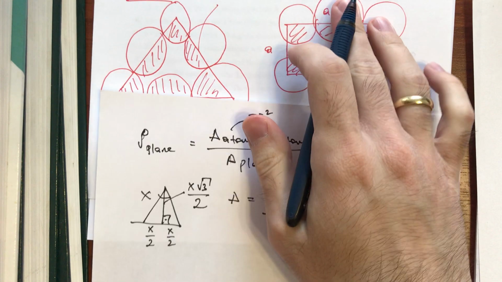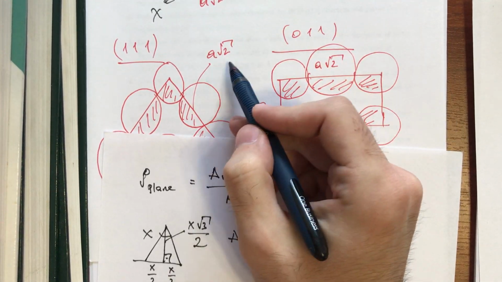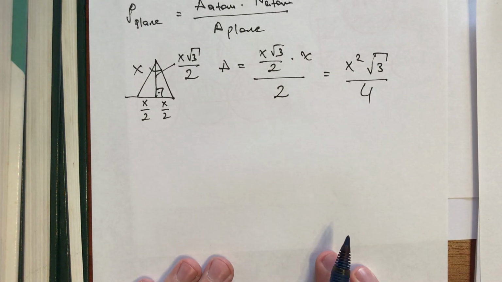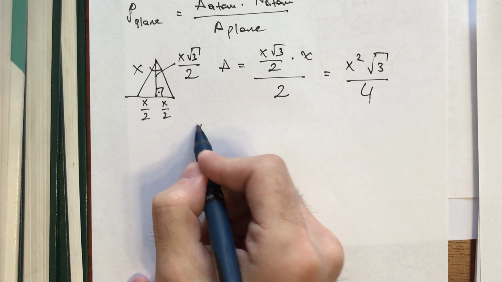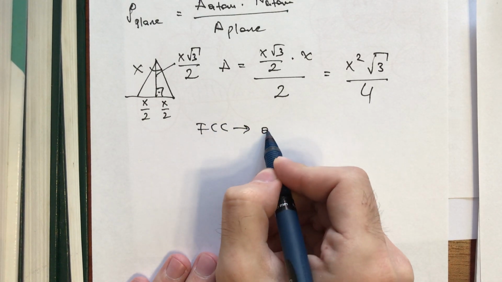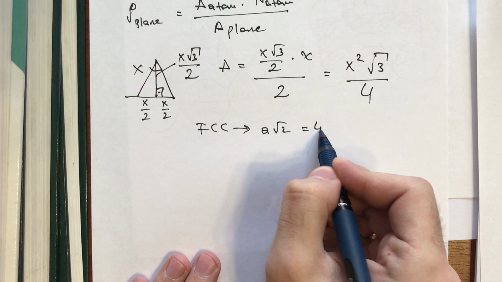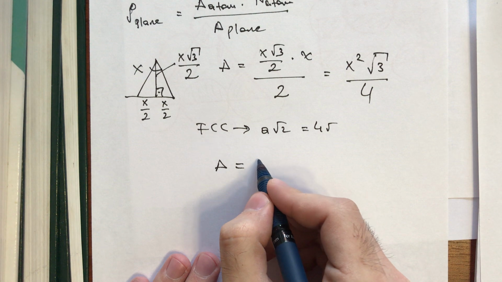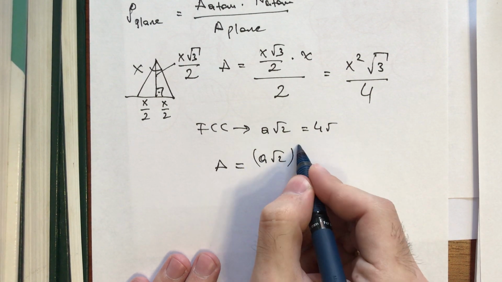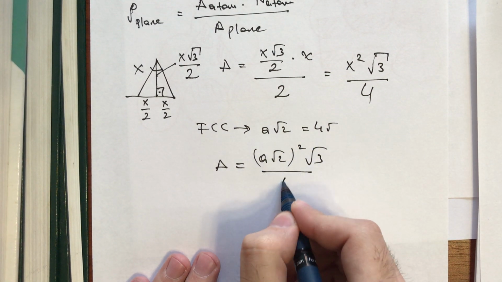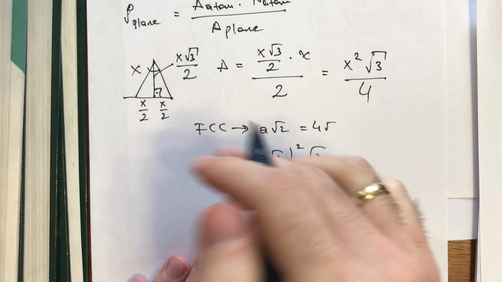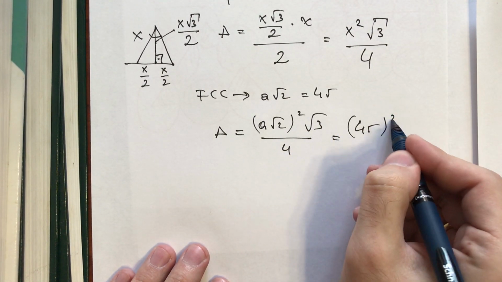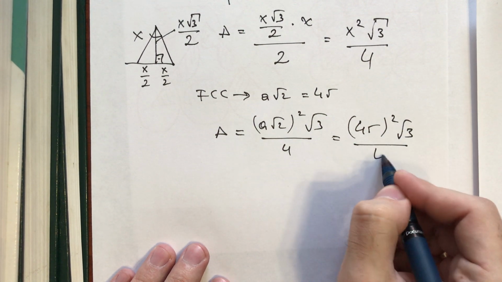In this case, our x is a square root 2. So for an FCC structure, a square root 2 is equal to 4r. So the area is a square root 2 squared times square root 3 divided by 4 for the 111 plane, or you can simply write 4r squared square root 3 divided by 4.